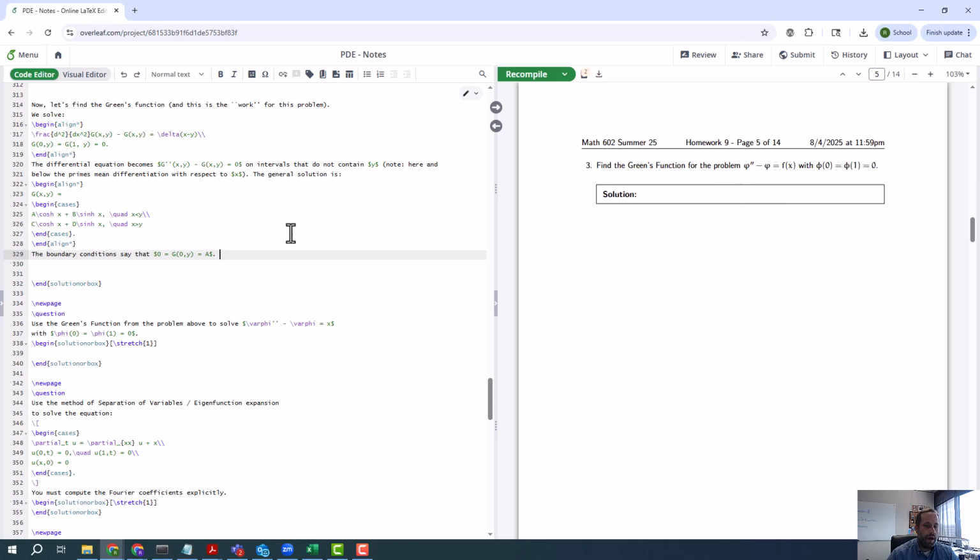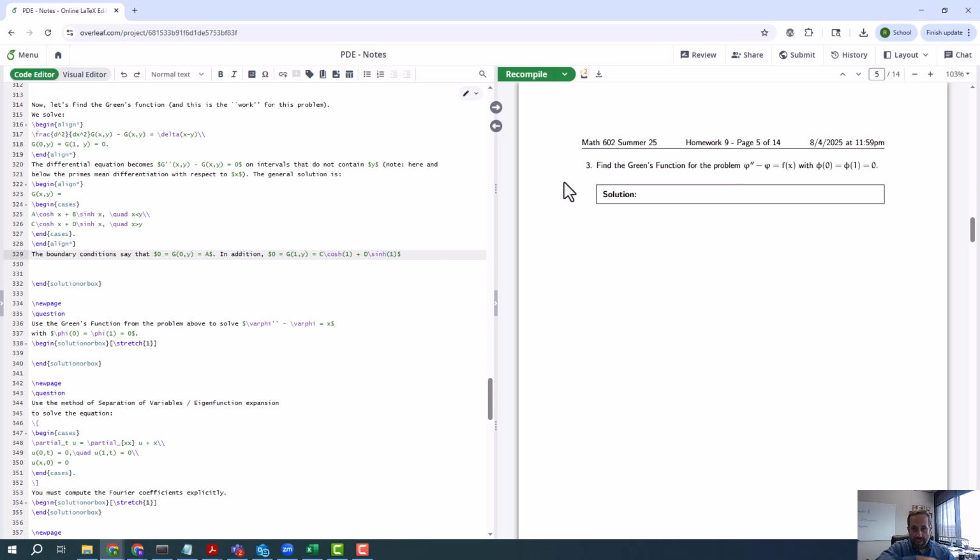Okay, then we know that 0 is equal to, in addition, g of 1 comma y, that's equal to 0. So we have 0 is equal to g of 1, y. And what is this equal to? Well, this is going to be equal to c hyperbolic cosine of 1 plus d hyperbolic sine of 1.